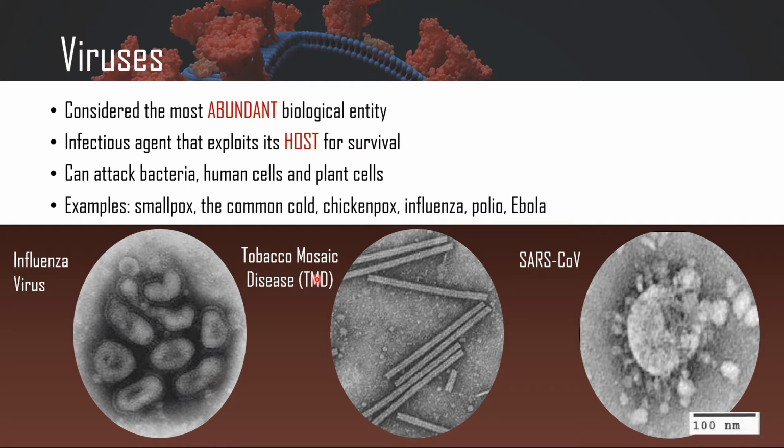And if you follow me to the central image here, we can see a very different type of virus. And this is TMD, or tobacco mosaic disease. This is, as you can see, quite a characteristic difference between the first image and the central image here. Now, to the very right-hand side is an electron micrograph of SARS-CoV.